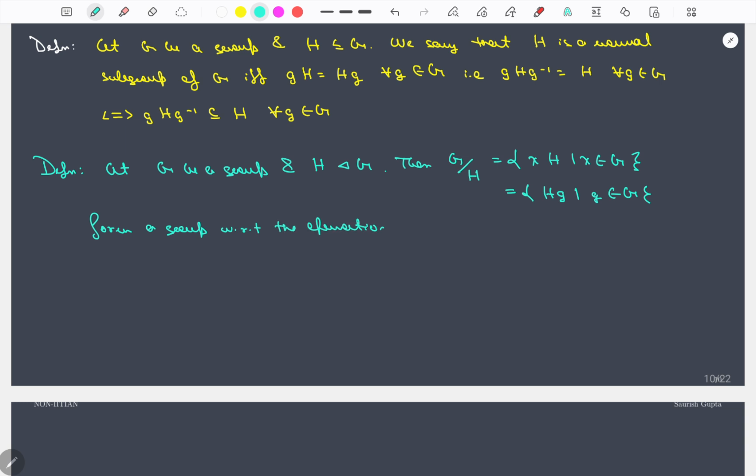So what should be the most obvious operation you would go for? The operation which abides by the usual operation on G. So if I have two elements xH times yH, I should be getting xyH.